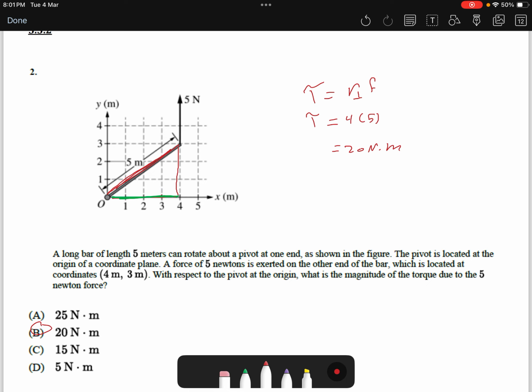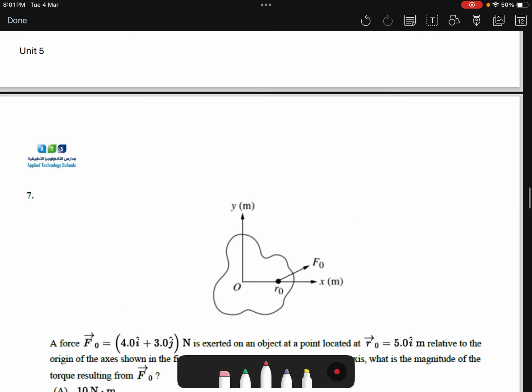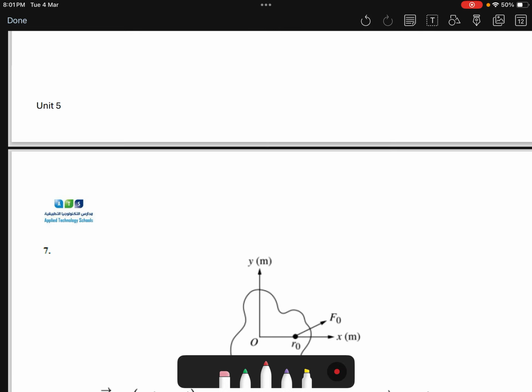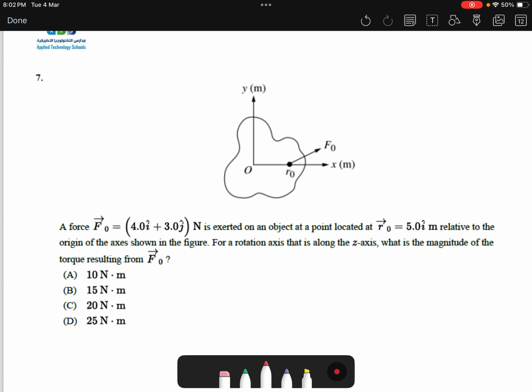I'll give you a few seconds to understand the question. Now, next, question 7 in the same topic. Please read it. I'm giving you time to read it. In the same way, tau equals R F perpendicular.